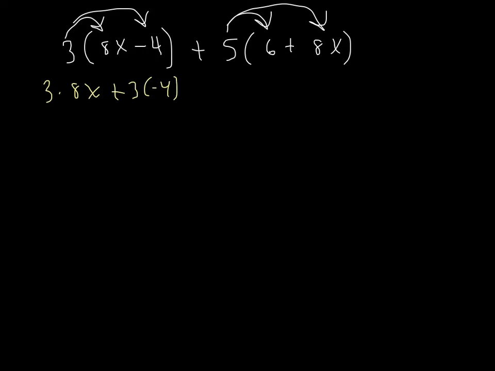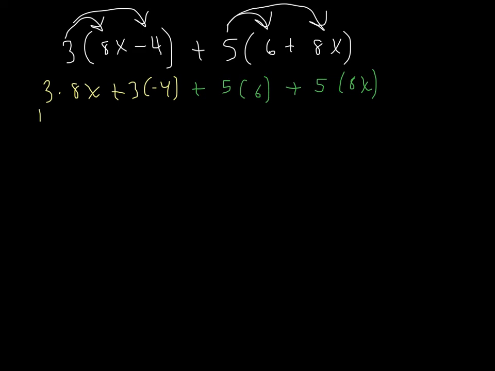On the right side, as I sort of make my way across here, this is a positive 5, so I'm just going to say, well, continue my thought process, plus 5 times 6 plus 5 times 8x. All right.